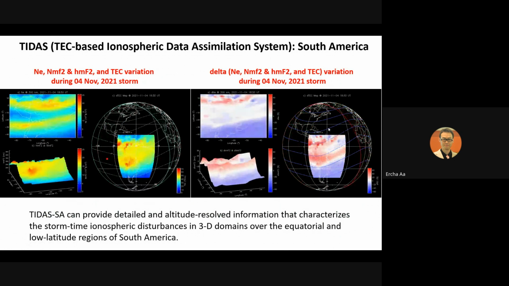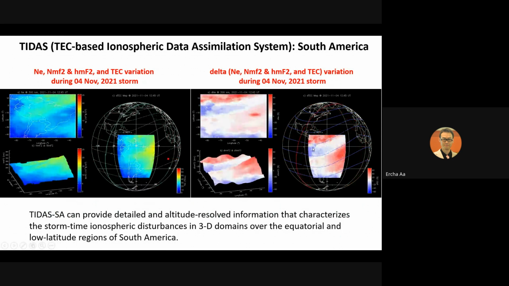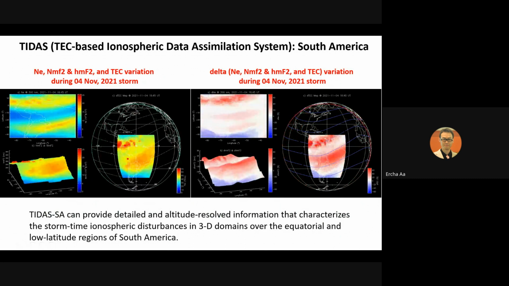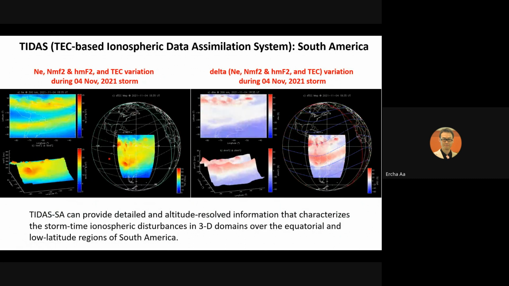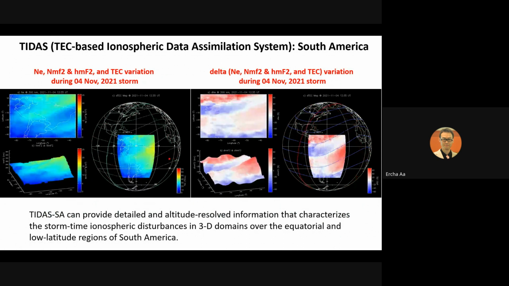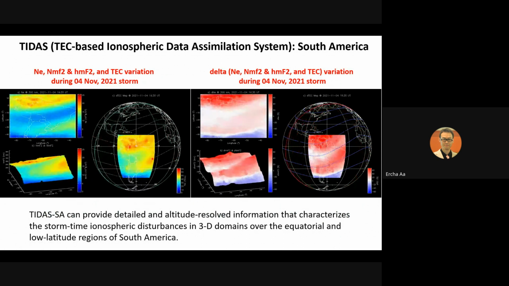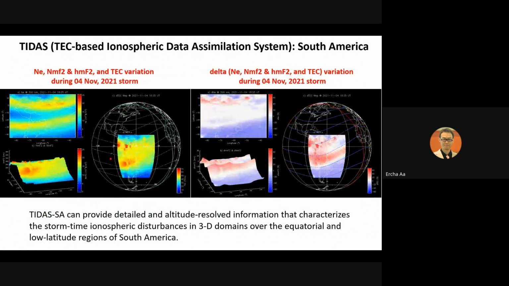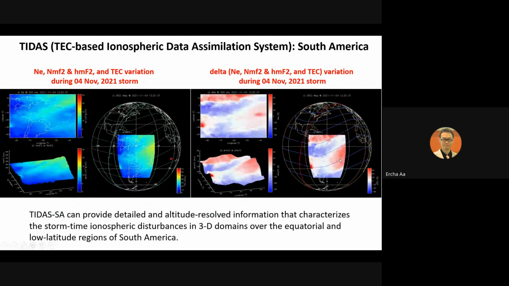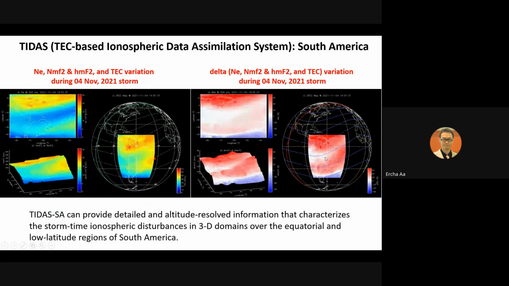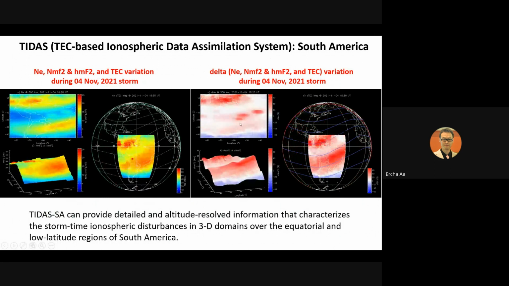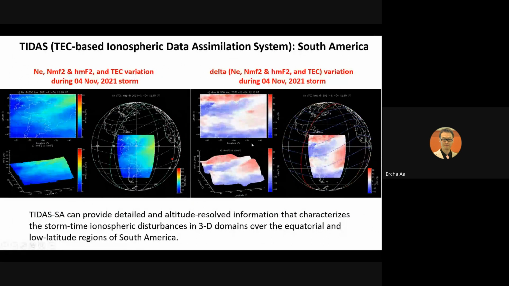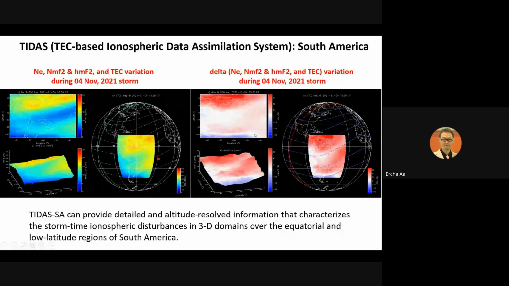Another reason is that over the equatorial and low latitude regions, we have an increased O/N2 ratio. That's the composition effect, because the O/N2 ratio is increased over the equatorial region, equatorward of the composition disturbance zone. That's why, as the storm progressed, this positive storm phase was gradually eroded by this blue region. That's the equatorward movement of the composition disturbance zone.